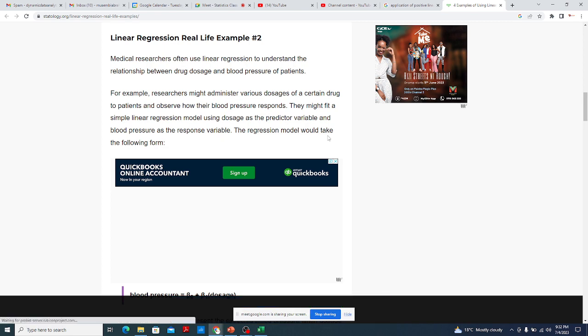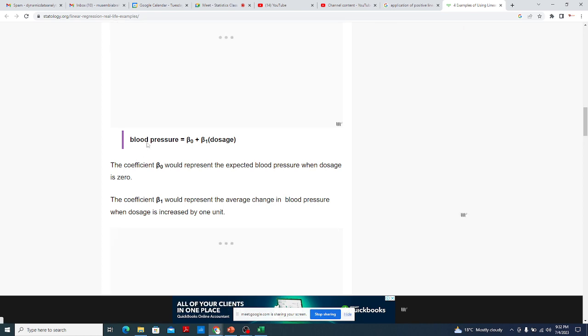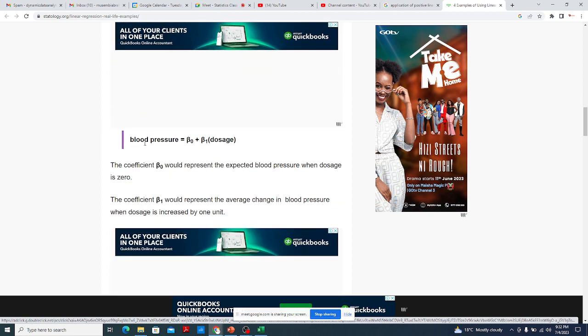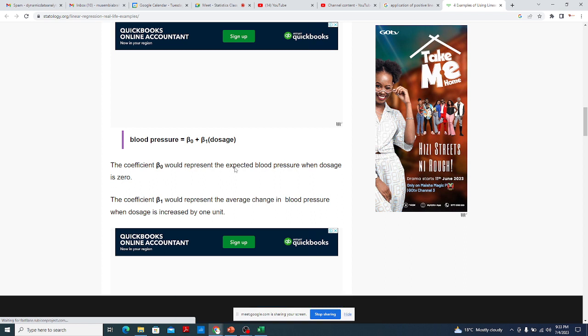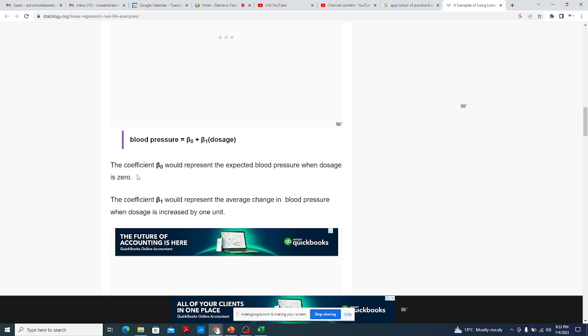The regression model will be of the following form: we are trying to predict the blood pressure value given a specific dosage. We have some constants here, where the coefficient B0 represents the expected blood pressure when the dosage is at zero.